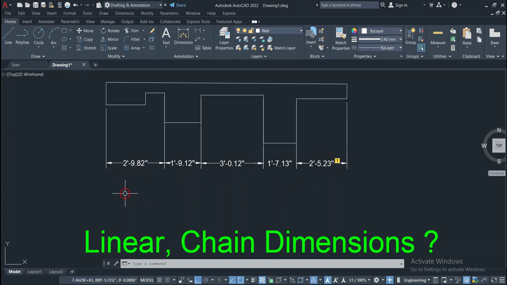The chain dimension is a type of linear dimension, and the other type of linear dimension is the datum dimension, which I have explained in another video available on the channel.